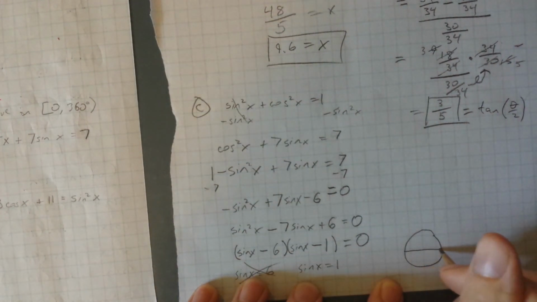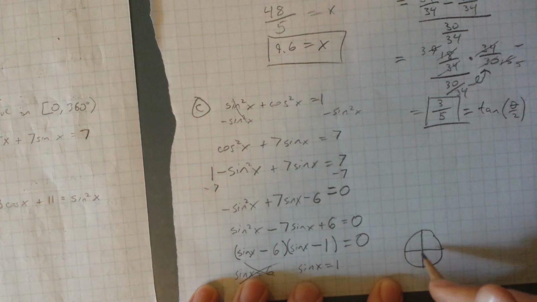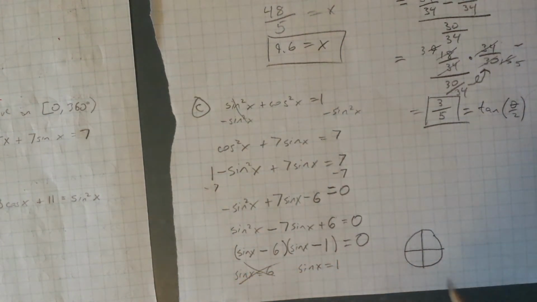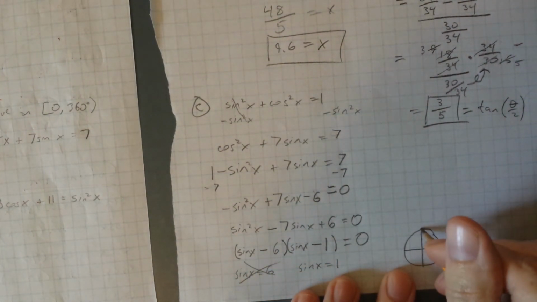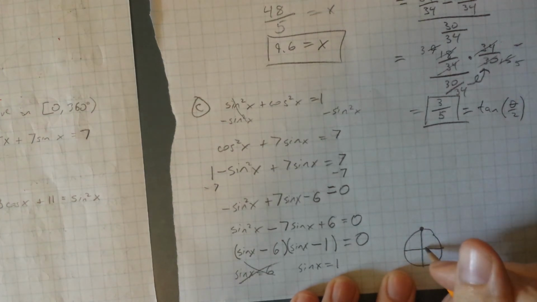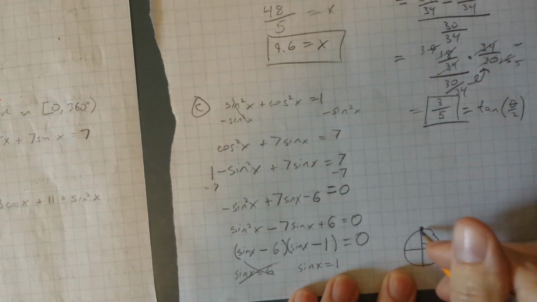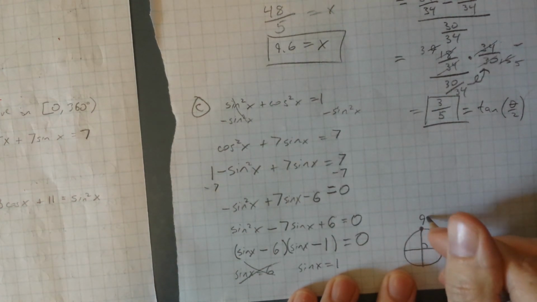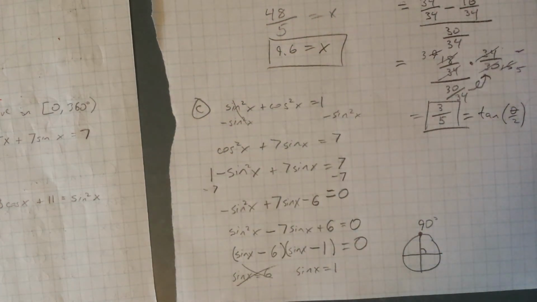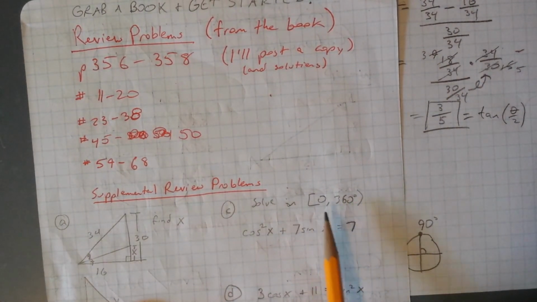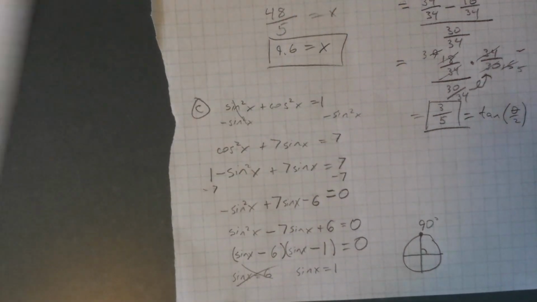Let's check the unit circle. Now sine is the y value on the unit circle. So a y value of 1 would be way up here at the top. And what angle is that? 90 degrees. Okay. And that is the only solution between 0 and 360, as the problem states.